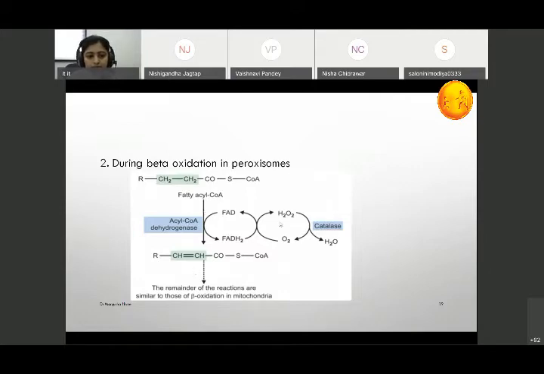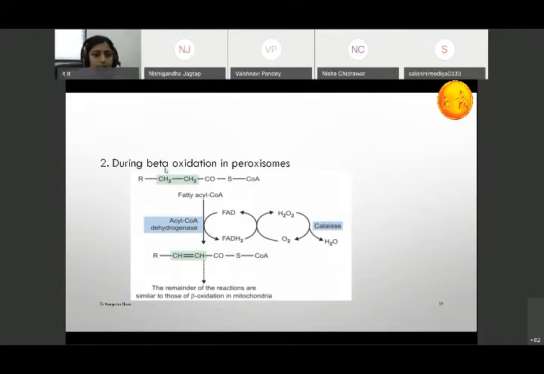Here the electron is not donated to FAD. It is passed on directly to oxygen, and then H2O2 is generated, which is then catalyzed by the enzyme catalase to form water.